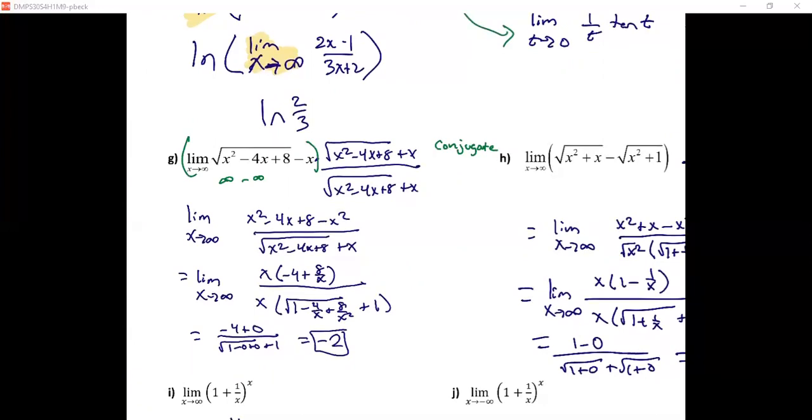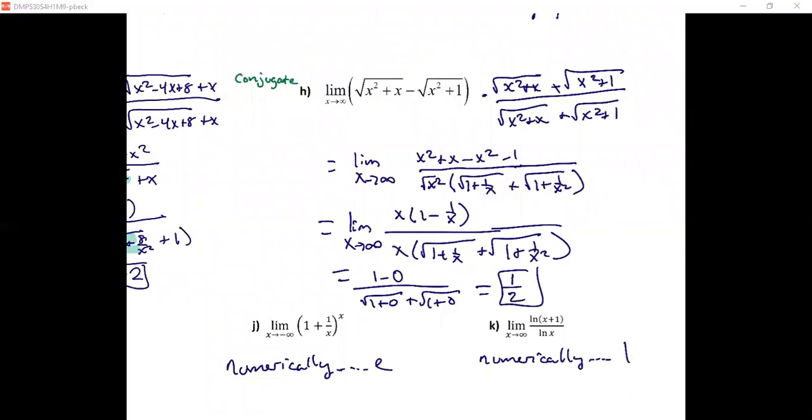And once more, you see, let me highlight this in the greenish color, we end up with the square root of x squared. What I did was I factored out the square root of x squared. So that x came from the square root of x squared. And why is it just x and not negative x? That's because we're approaching positive infinity.